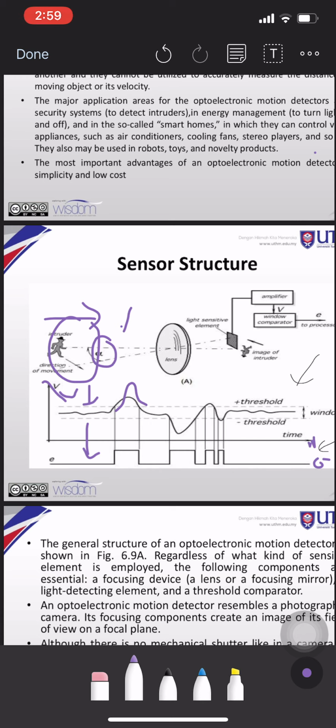Here, it is in a stable state and the output is 0. If there are intruders, either above the positive or below the negative threshold, they give the output signal to turn on the sensor.